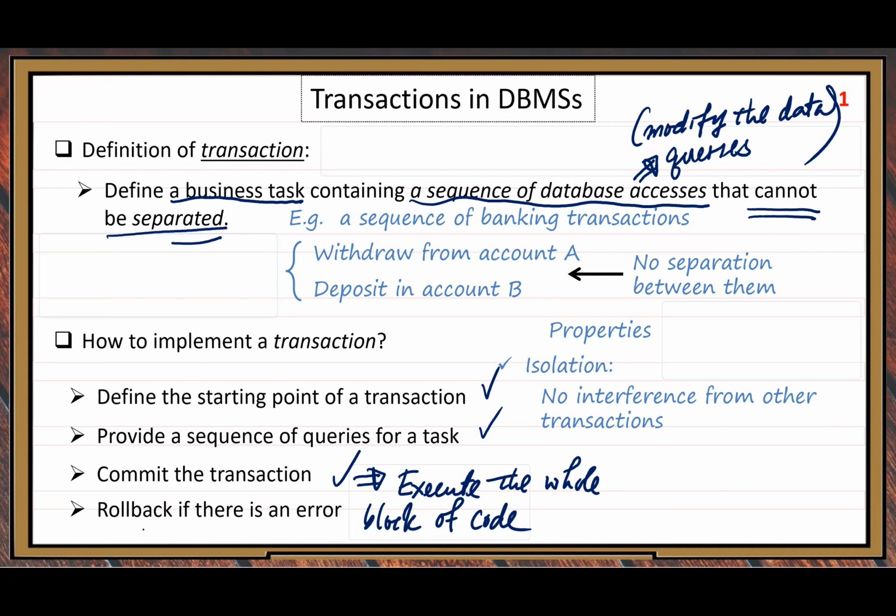The second property, also important, is called atomicity. Atom, right? The particle, atom. Here we use the very old meaning of atom, the ancient meaning.